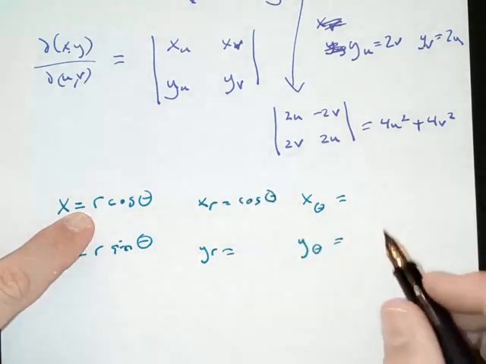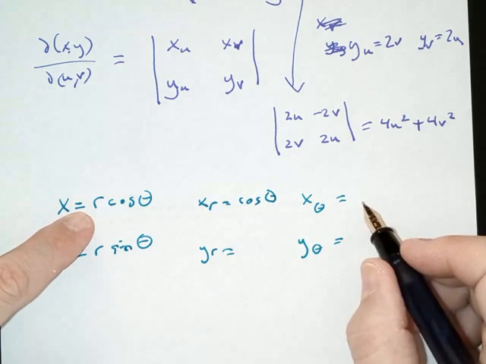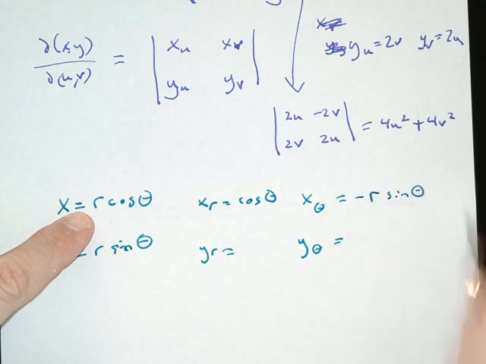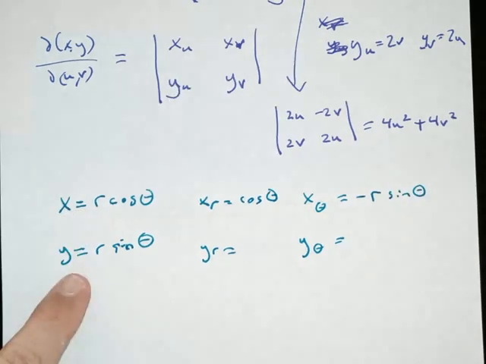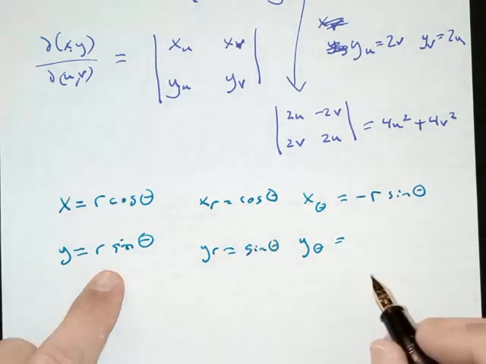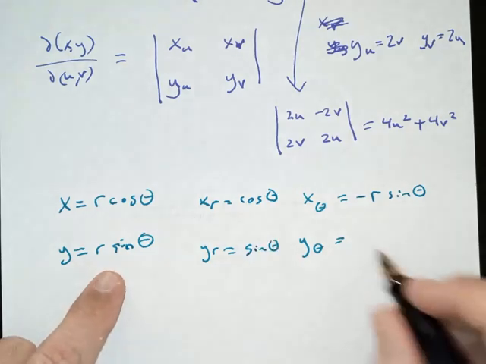The derivative with respect to theta. Derivative of cosine theta, right, so I get minus r sine theta. Down here, the derivative with respect to r is sine theta. The derivative with respect to theta, the derivative of r sine theta, is r cosine theta.